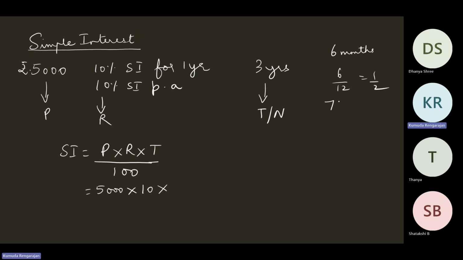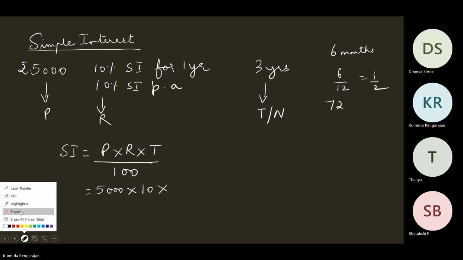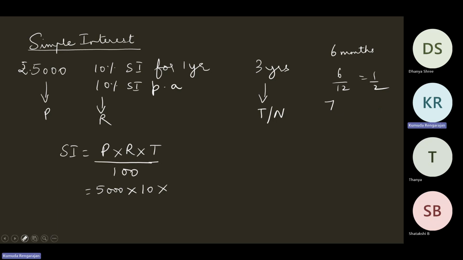Supposing it's given 73 days. So how many days in a year? 365. So 73 divided by 365 years.